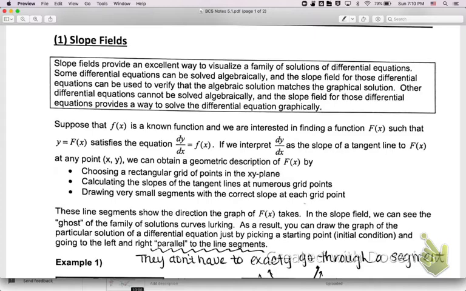What a slope field does is it lets you visualize a family of solutions to a differential equation. A differential equation, recall, is something in the form of y prime is equal to f of x, or in this case, they've written it as dy dx. Now, we could solve by taking the antiderivative of both sides, but remember, you get that plus c when you take a general antiderivative.